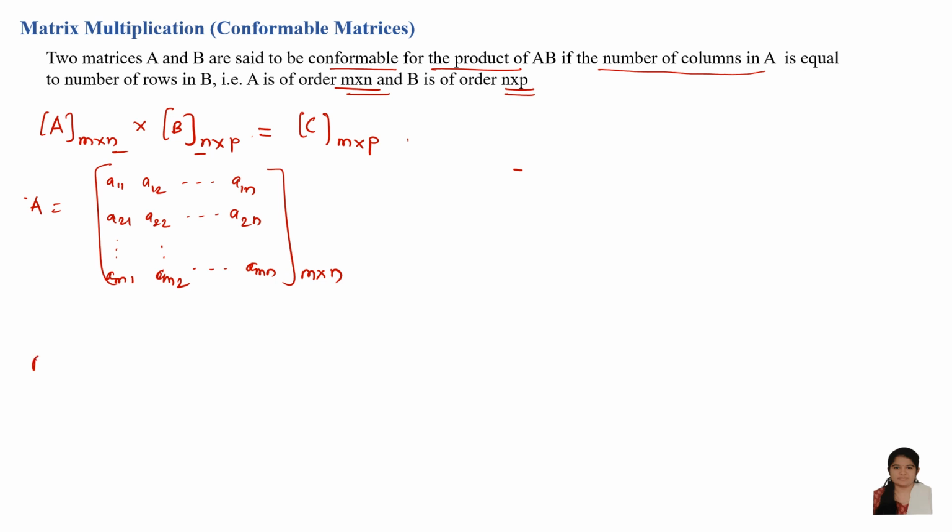Suppose we have matrix B with entries B11, B12 up to B1p, then B21, B22 up to B2p, and up to Bn1, Bn2 up to Bnp. So this is a matrix of order n cross p.